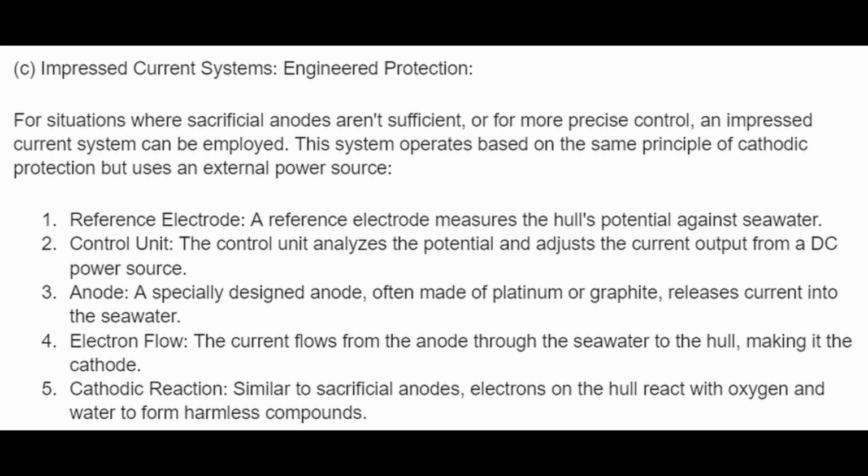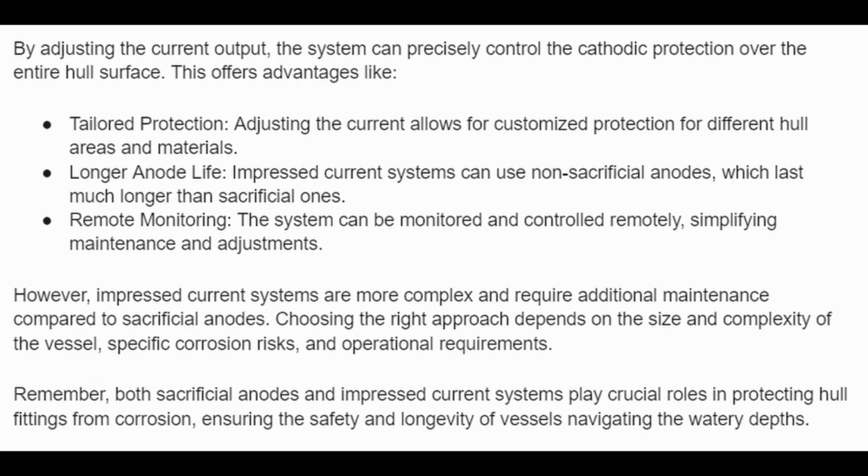Cathodic reaction. Similar to sacrificial anodes, electrons on the hull react with oxygen and water to form harmless compounds. By adjusting the current output, the system can precisely control the cathodic protection over the entire hull surface.